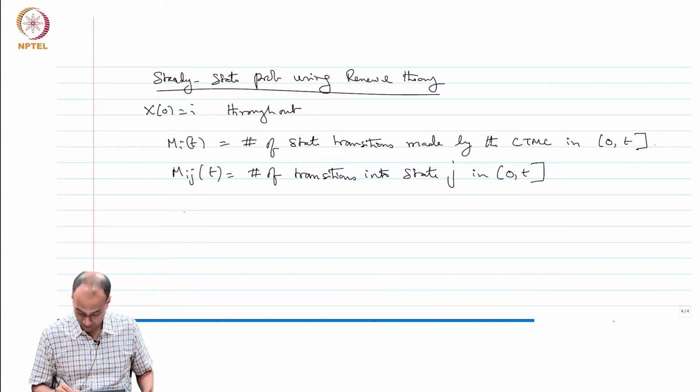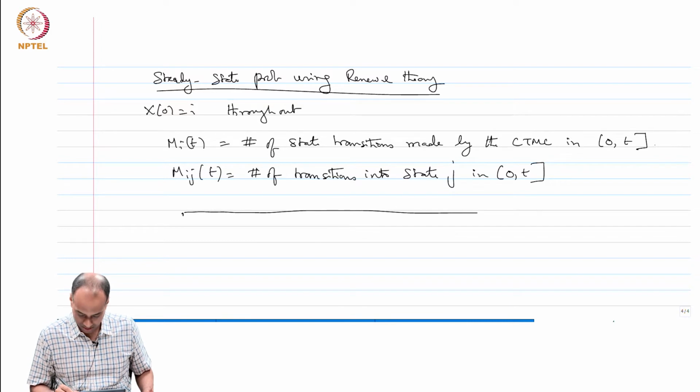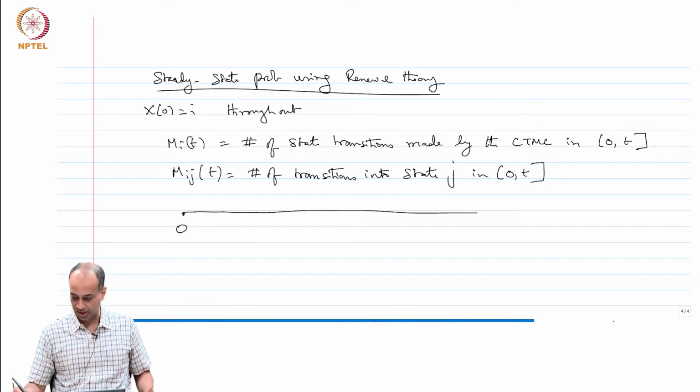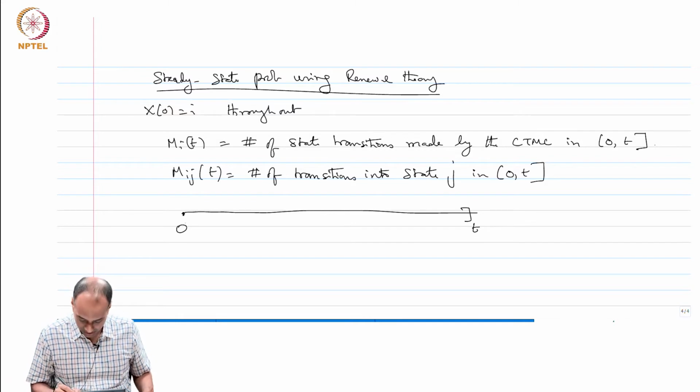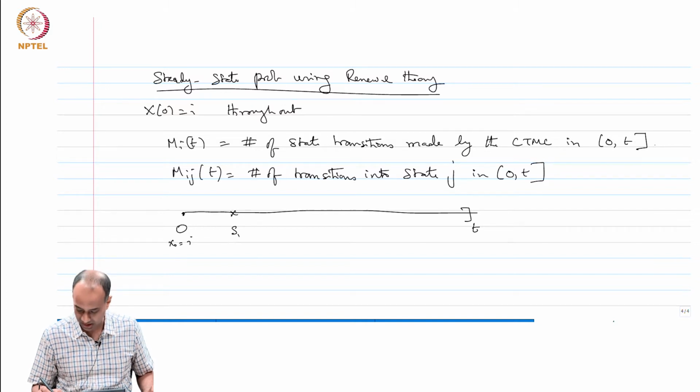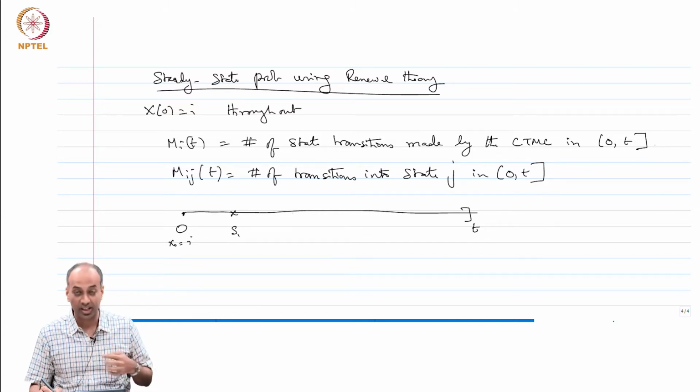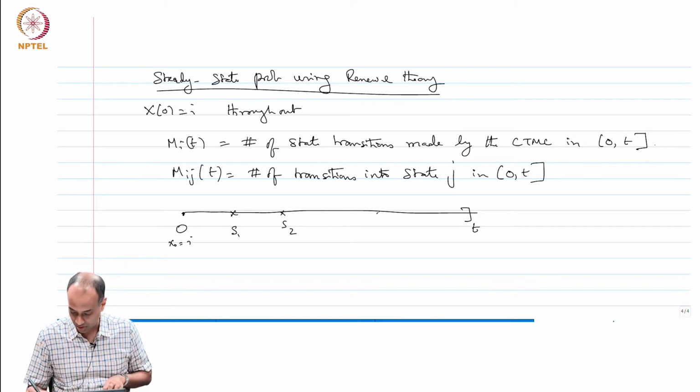To give you a picture, this is time 0 and that is time t. You start at time 0 with x0 equal to i. Let us say the first transition happens here, this is your S1, and then you get into some state, there will be an exponential corresponding to that state, then there will be some other state transition S2, S3 and so on.